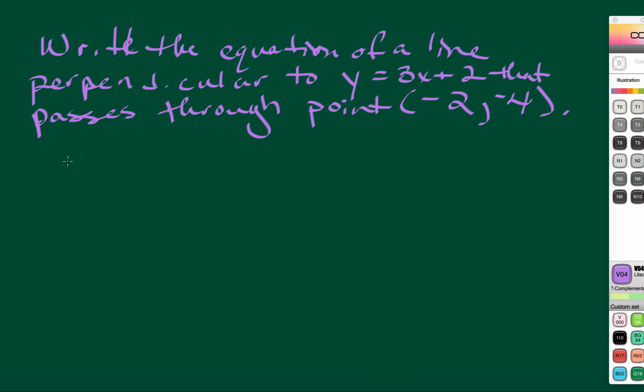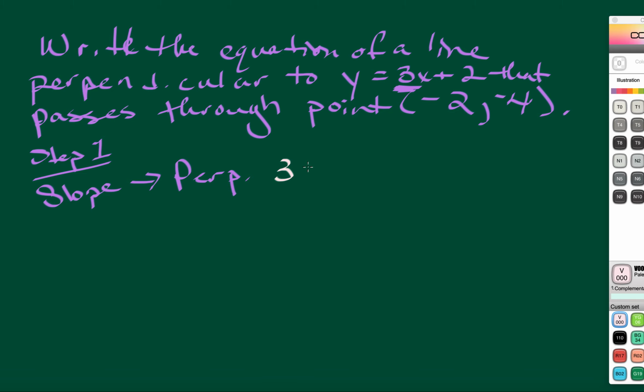So the first thing we need to do, step 1, find the slope. Well, the slope is perpendicular. So we take this slope and we want to make it the negative reciprocal. I want to make it negative and its reciprocal, and there we are. All right, so we can start writing.